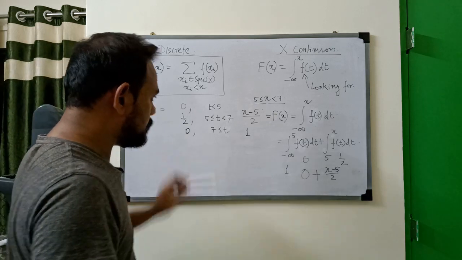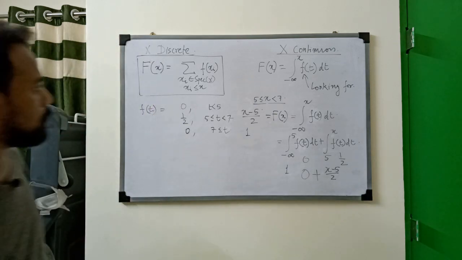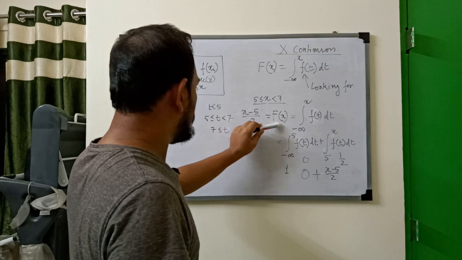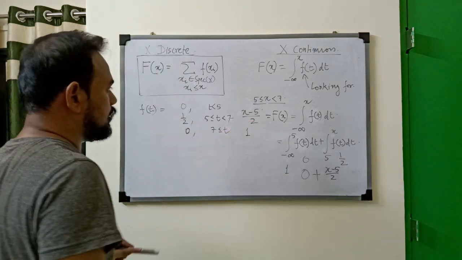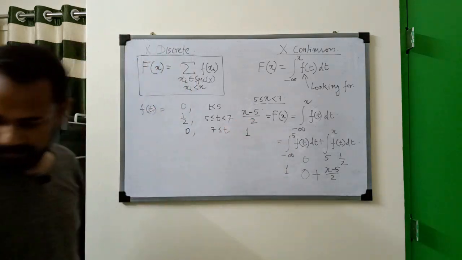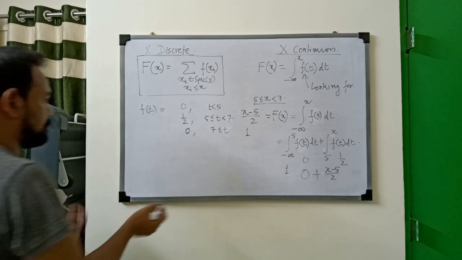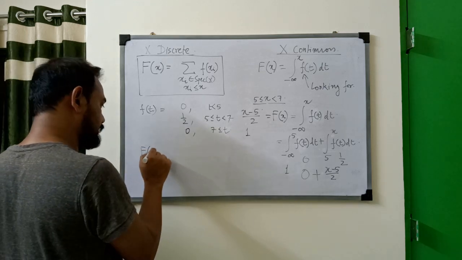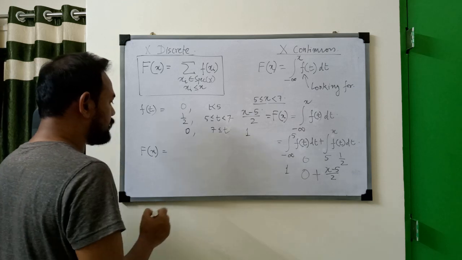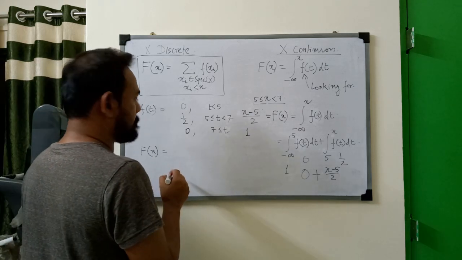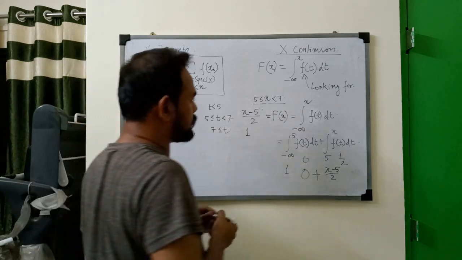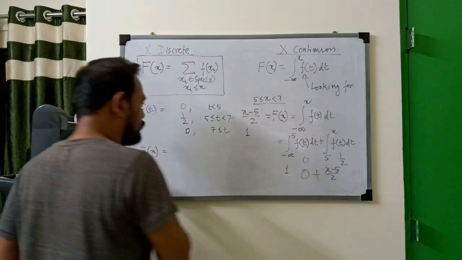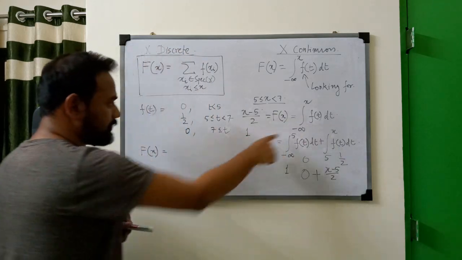The 0 should work because we worked out capital F just in the previous board, and it was exactly this, if you remember. All right, let's just finish this without going there. We can do it from here itself.